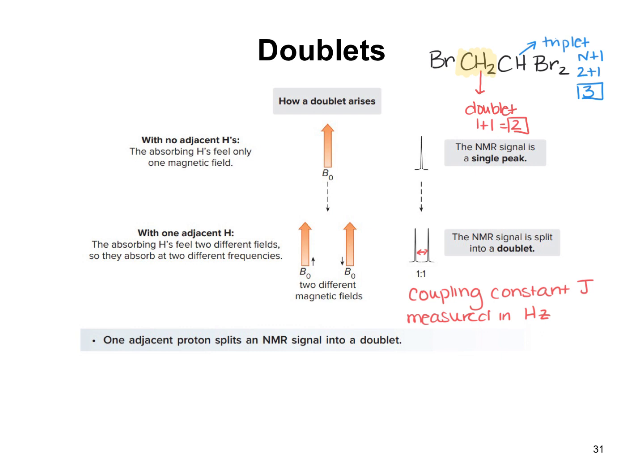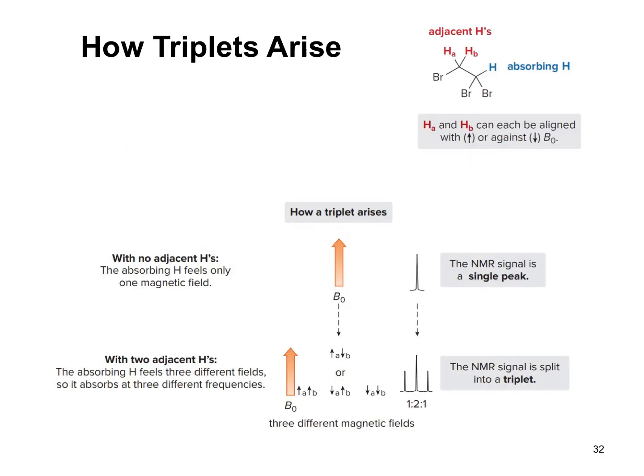Now, let's talk about how triplets arise. So we saw a triplet before. Let's talk about how that happens. So now we are looking at the same molecule, and we are interested to see how we get a triplet for this proton.